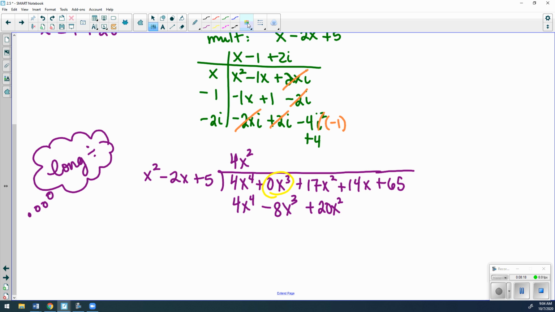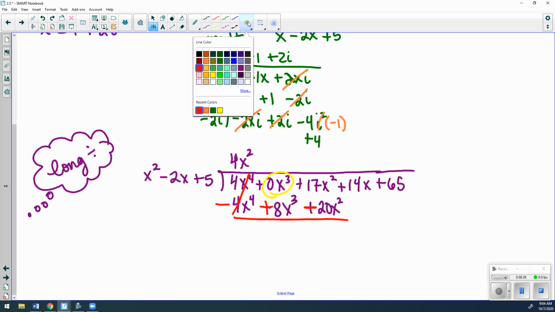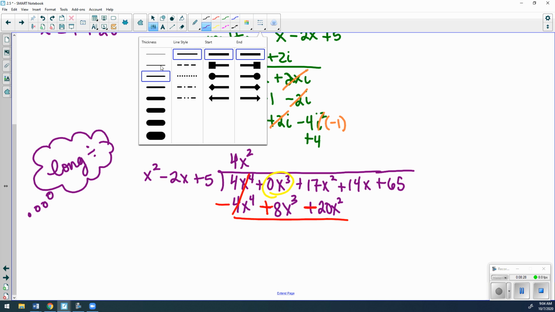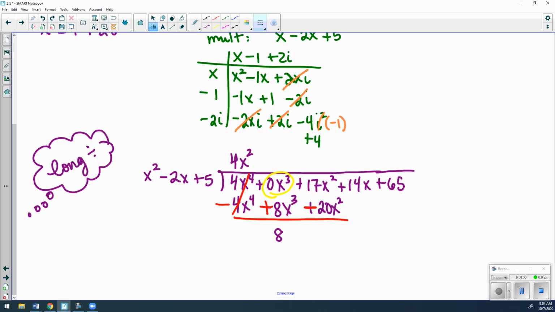Then draw a line, change the signs. That cancels out, and now I'm left with 8x to the 3rd minus 3x squared, and I'll bring everything else down. All right, so I'm just going to go about my business of doing the long division. You guys can work on your own here as well.